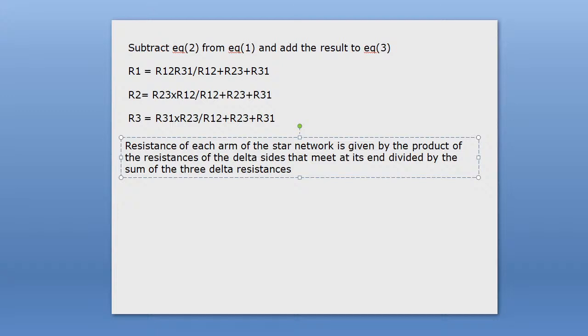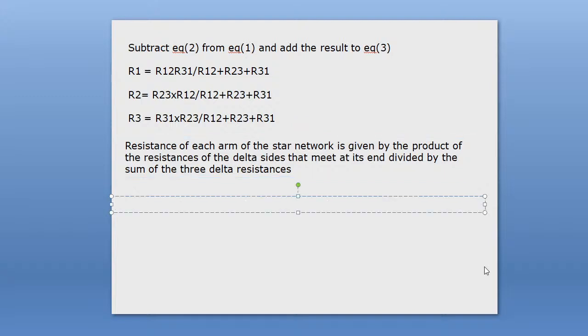In that case you will express the resistance of delta network R12, R23 and R31, three resistances, in terms of star network resistance R1, R2 and R3. Okay, so everyone please listen to me or try to understand.